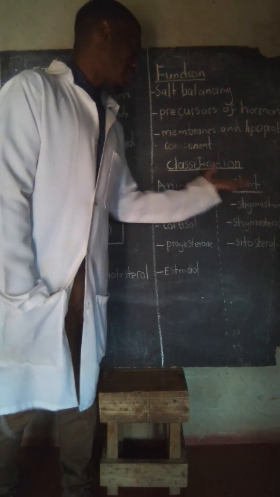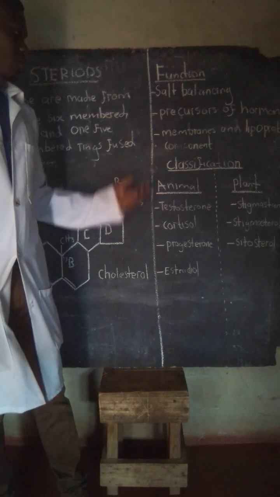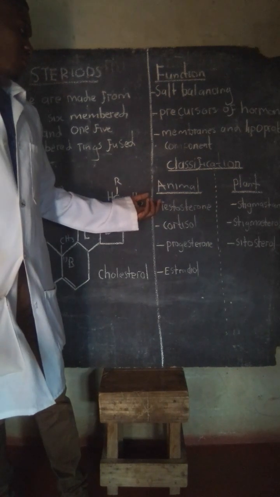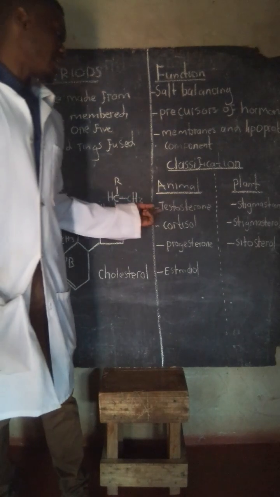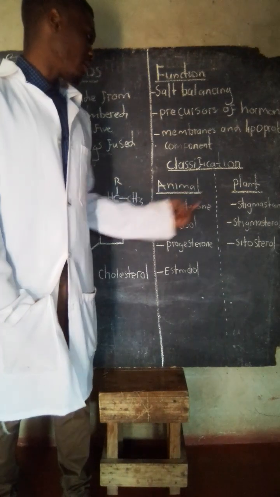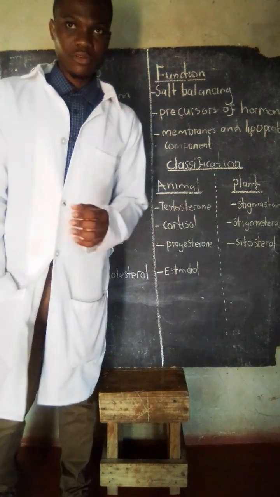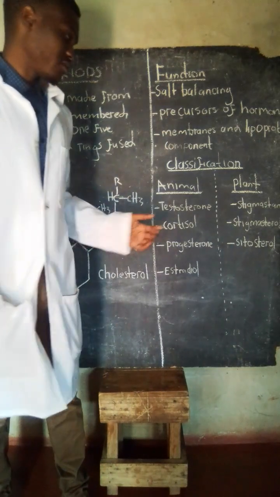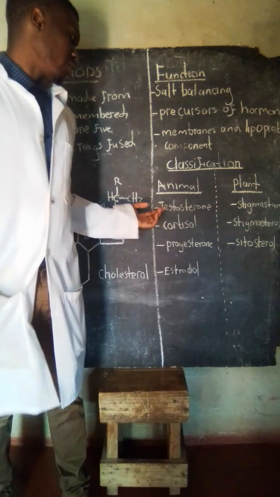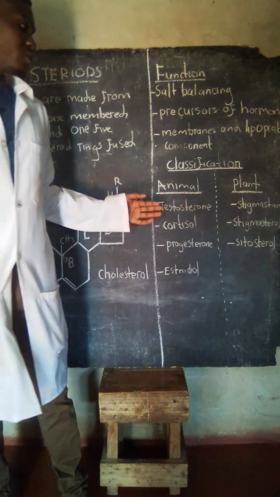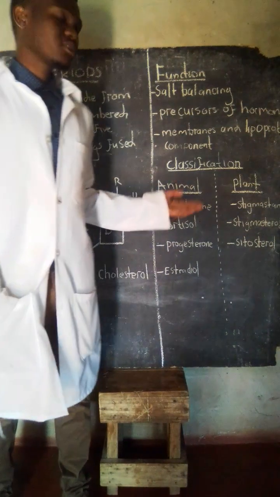One example of an animal steroid that you can find is what we call testosterone. Take note of the spelling. Sometimes the pronunciation of these biological words can be tongue twisting. So this is a steroid or hormone which we call testosterone.